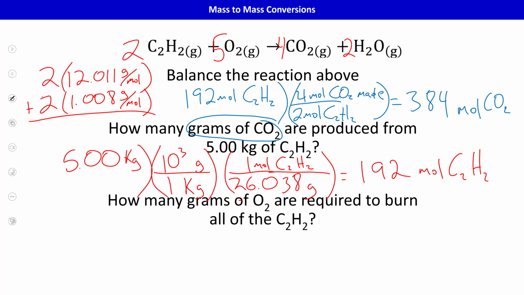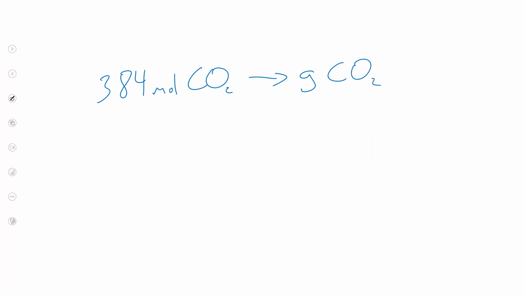I'm going to blank this out so I have room to work to do the last bit. Any questions before I do that on how we got here? So 384 moles of CO2. Grams of CO2, I just need the molecular mass of CO2.